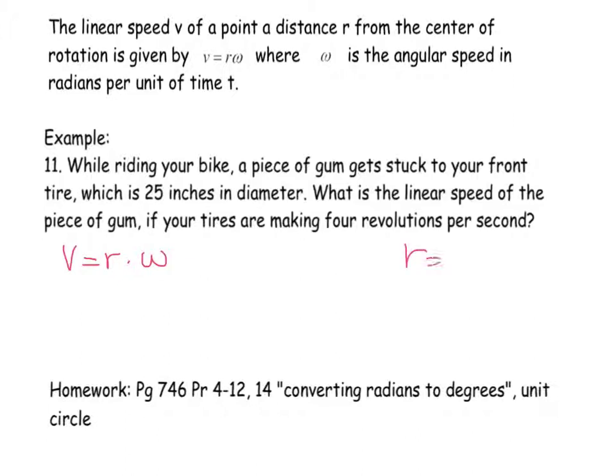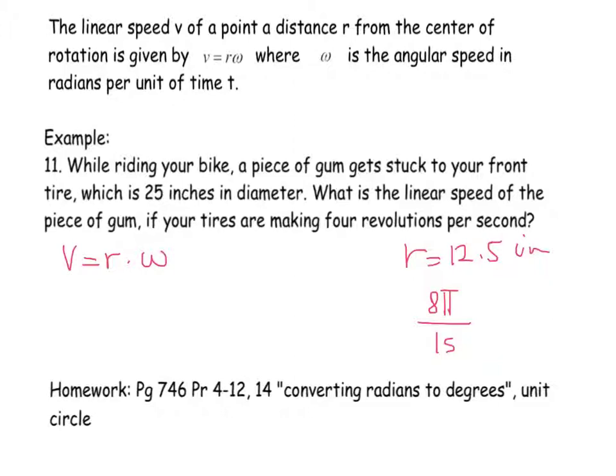So my radius is going to be 12.5 inches. I also know that since I am going 4 rotations per second, the 4 rotations will be 4 times 2 pi, or 8 pi for the theta, over 1 second.